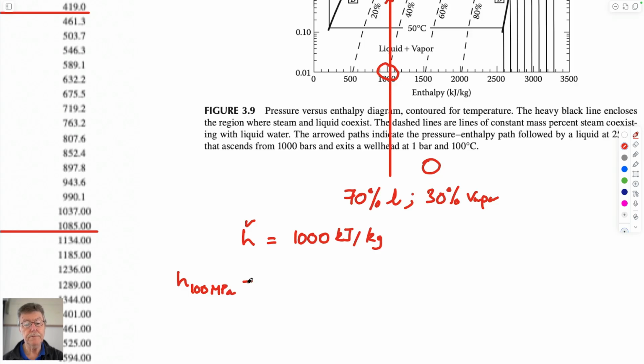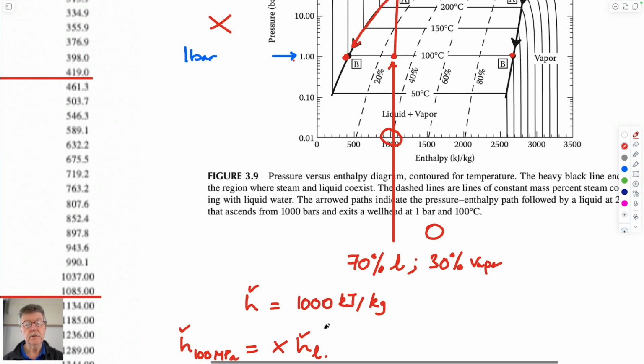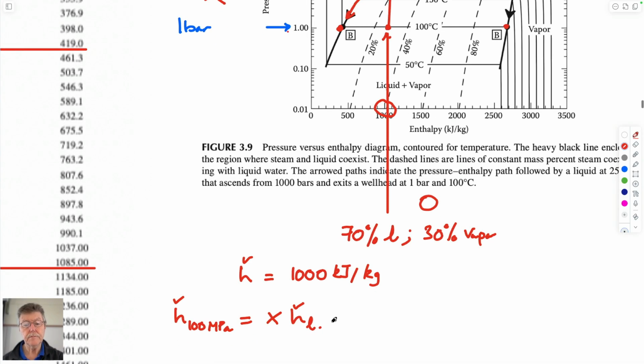You've seen this equation before, is equal to X times the enthalpy in the liquid at 1 bar plus 1 minus X times the enthalpy in the vapor form, also at 1 bar.